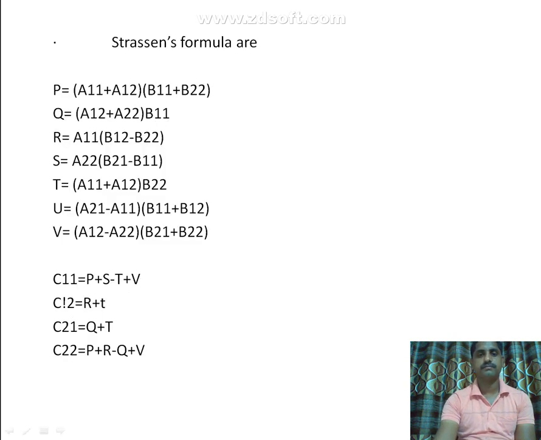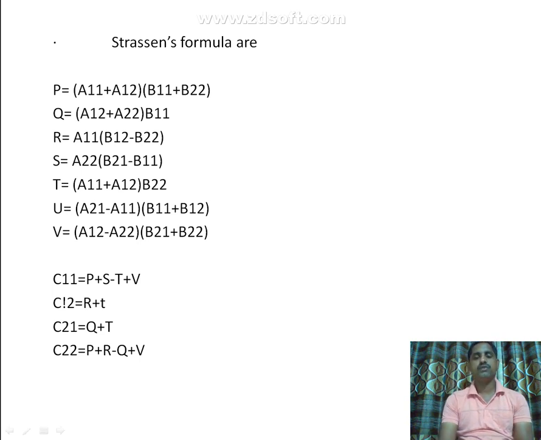Okay, see here P equal to (A11 + A12)(B11 + B22), Q = (A21 + A22) B11, R = A11 (B12 - B22), S = A22 (B21 - B11), T = (A11 + A12) B22, U = (A21 - A11)(B11 + B12), and V = (A12 - A22)(B21 + B22). Then C11 equal to P plus S minus T plus V, C12 R plus T, C21 Q plus T, C22 P plus R minus Q plus V.